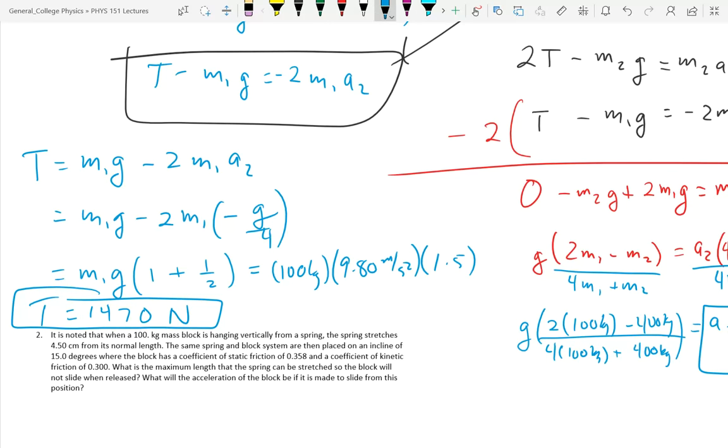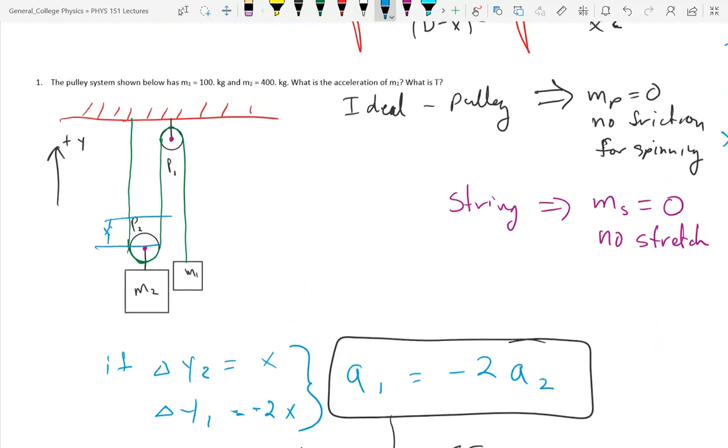Now, if you look at that 1470, you're like, oh, wait. We have 1470 newtons pulling up on mass 1. How much is pulling down on mass 1? Mass 1 being the 100 kilogram block that's hanging by itself. 1470 up. Down is going to be 980.